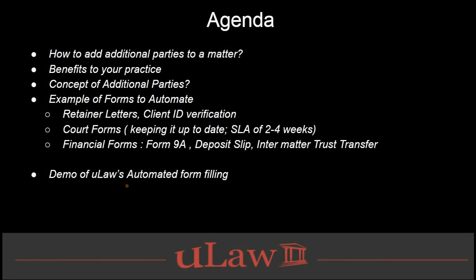For example, an intermatter trust transfer, or a jurisdictional document, a Form 9A, which is a specific document in the province of Ontario, where every time you do a trust transfer from a trust account to a general account electronically, you are required as a legal professional to fill out this form that outlines key information such as bank details and the reason for that particular transfer. So we pre-populate that information and we'll take you through that example.